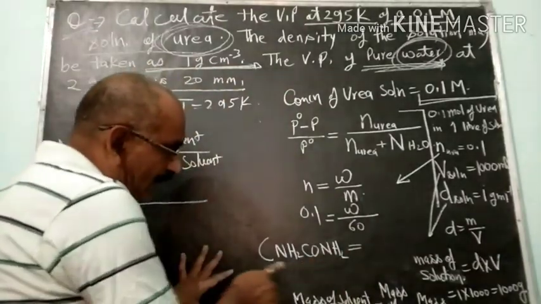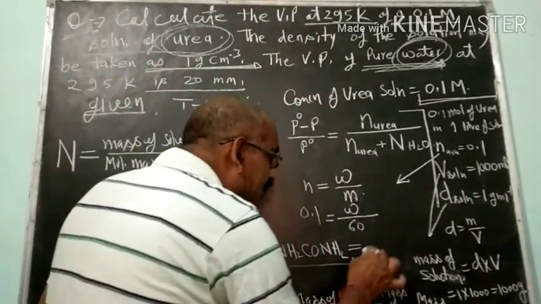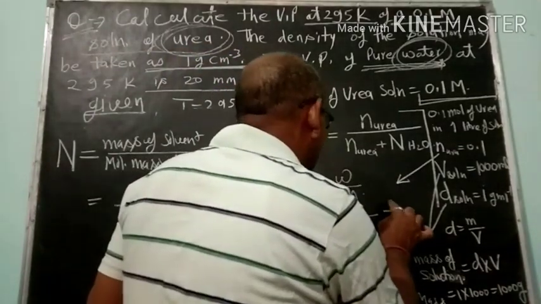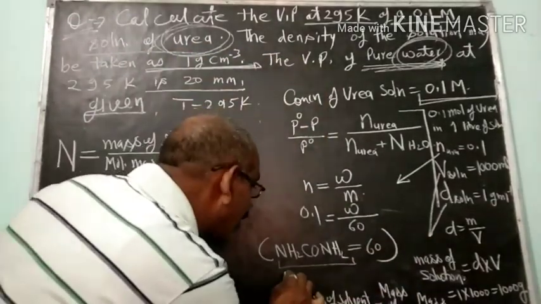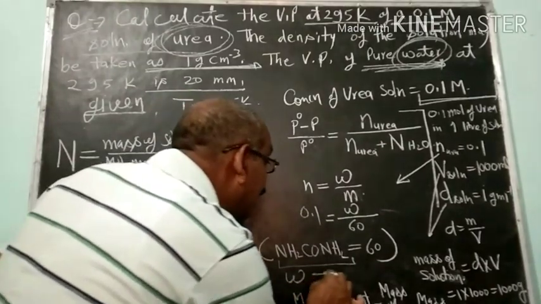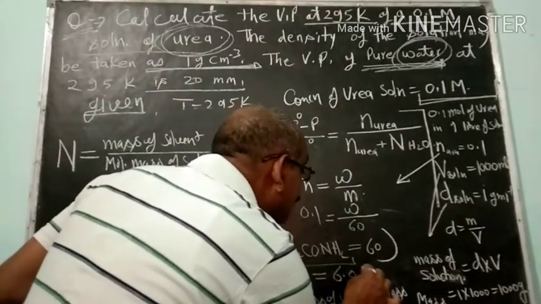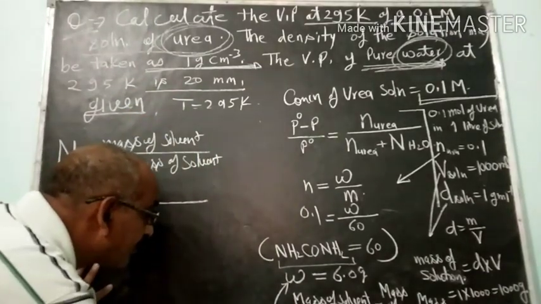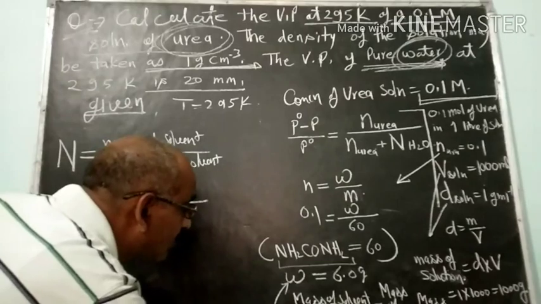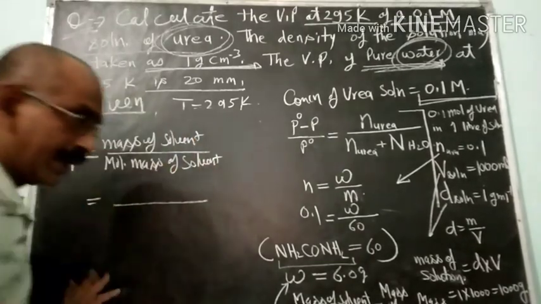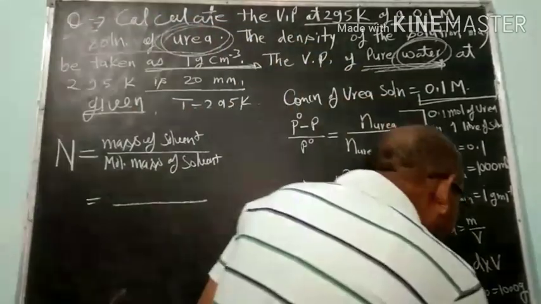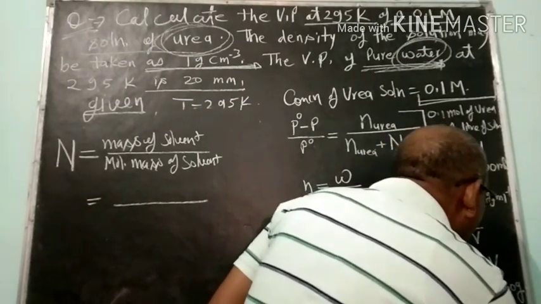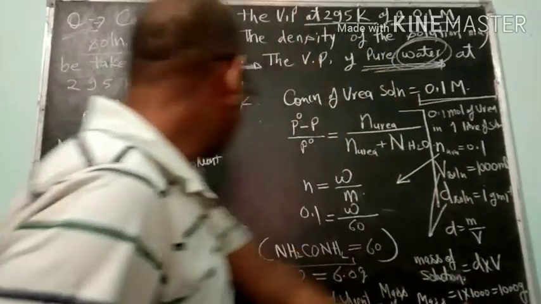So the sum of the atomic masses of all these comes how much? 60. So here the W comes how much? 6 gram. This W denotes the mass of solute, means mass of urea. So we'll subtract 6 from 1000, it comes 994. Is it clear?